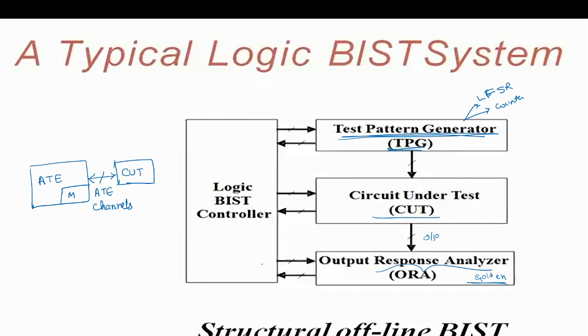This goes to the BIST controller, which says generate the pattern and apply it. The output is verified by the response analyzer, and we are given whether it is faulty or fault free. So this is for offline BIST.